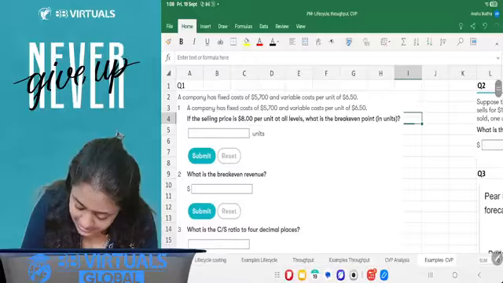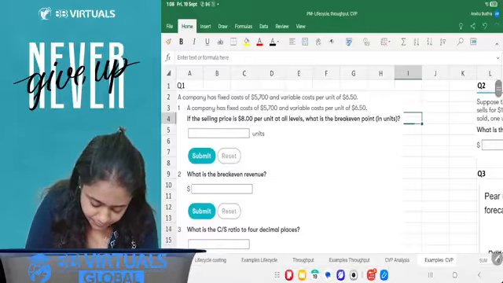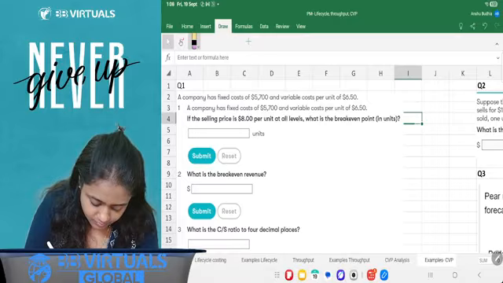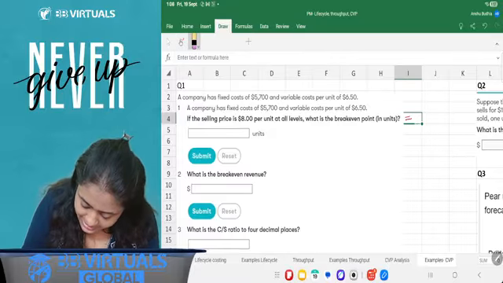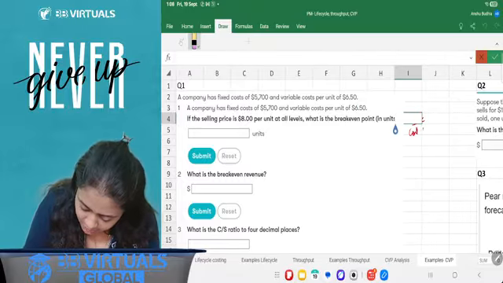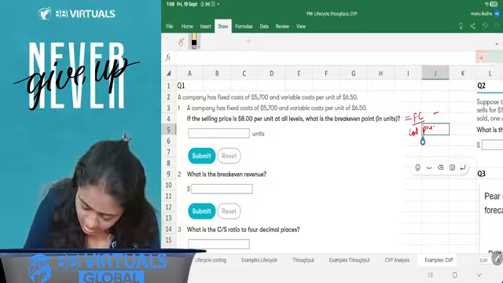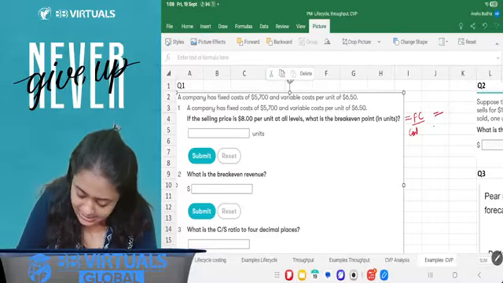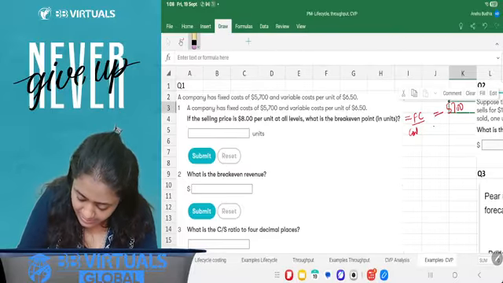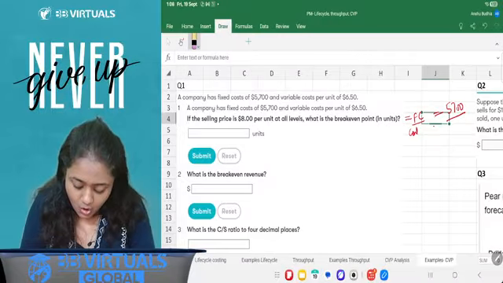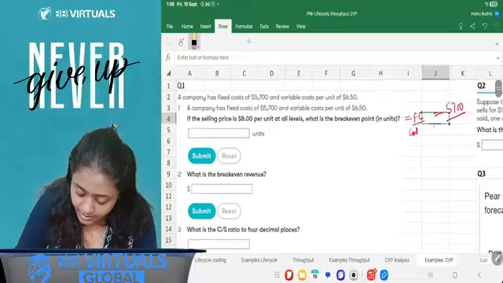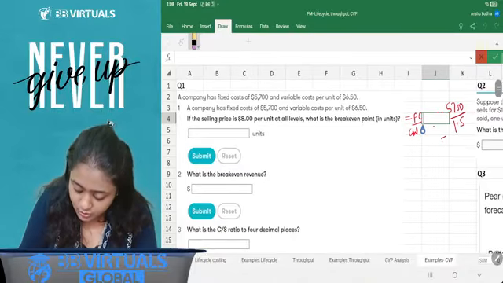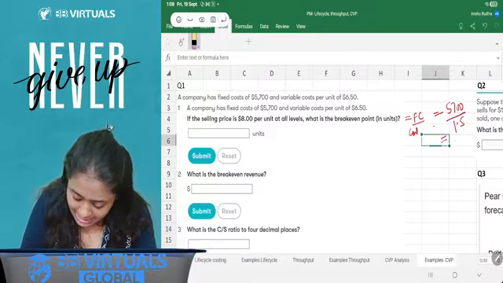The formula is fixed cost divided by contribution per unit. Here the fixed cost is given to you, 5,700. So it will be 5,700 divided by the contribution per unit, which is 8 less 6.5, which is 1.5. So it will be equal to how much? Let's calculate.